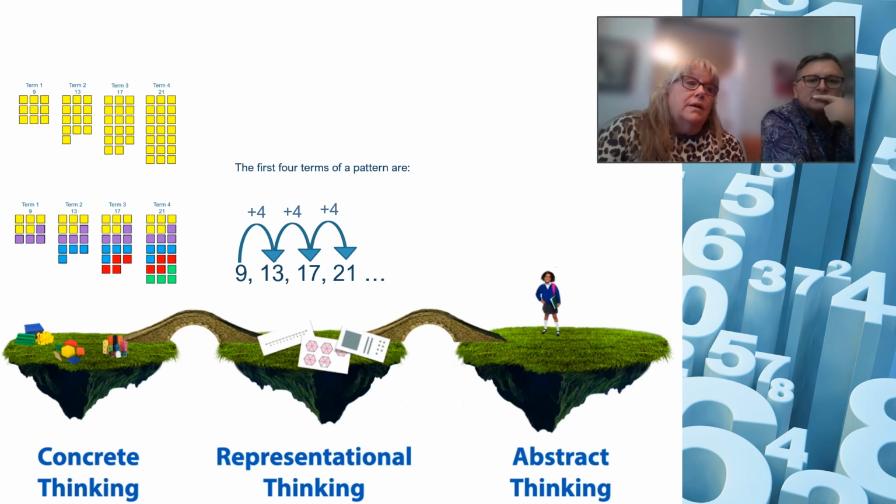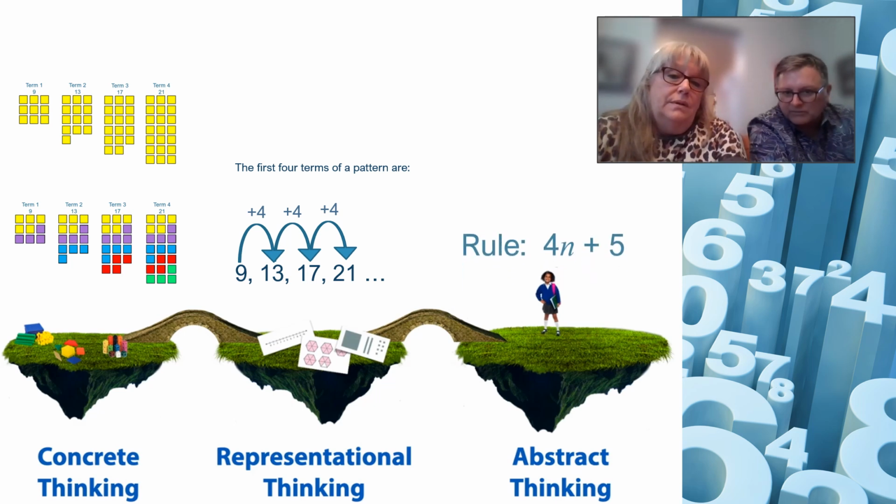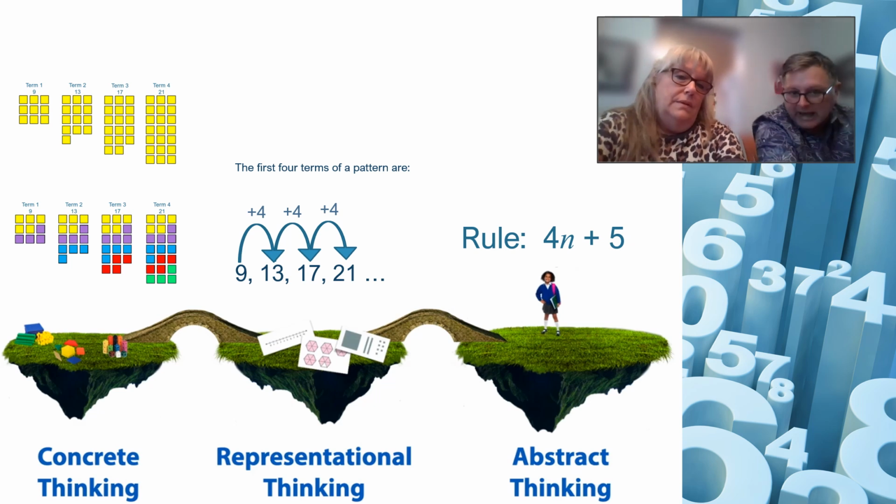But what we're not considering is that that 4 was also added to the number 9. In order to make sense of that rule, we have to scaffold it back to the square tiles and everything that you saw on the slide, much larger. Something's happening to that first term as well.